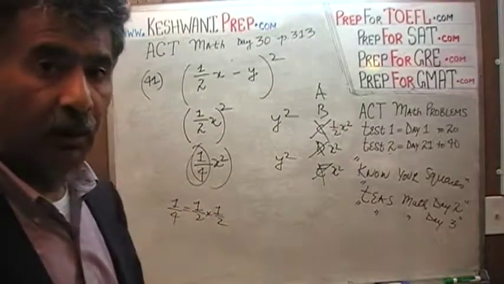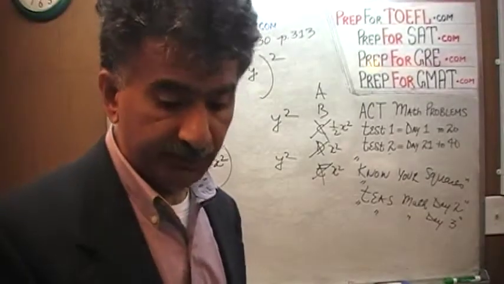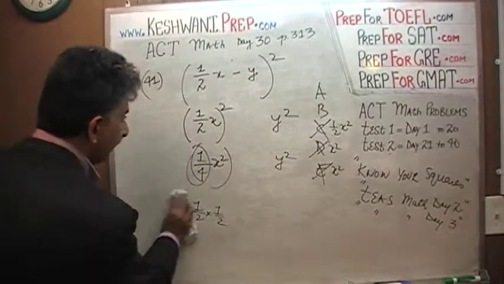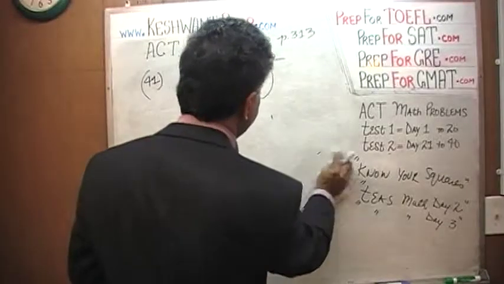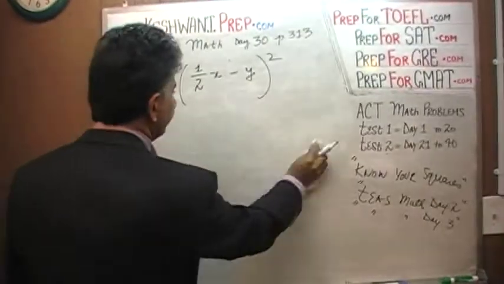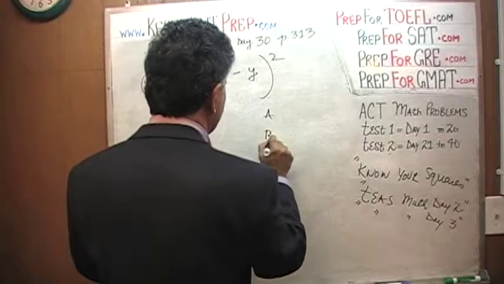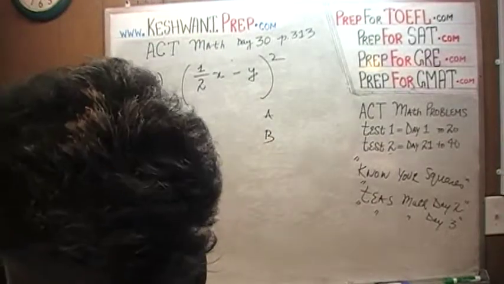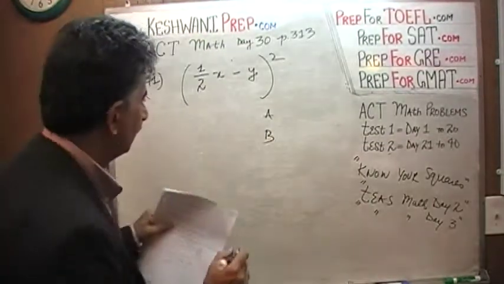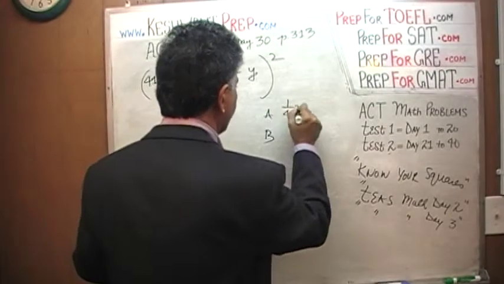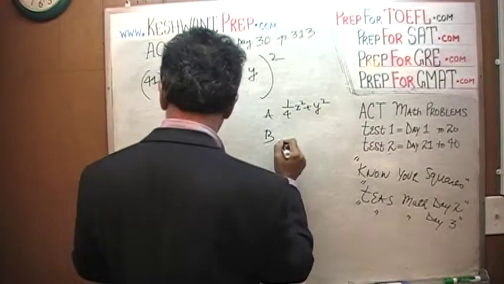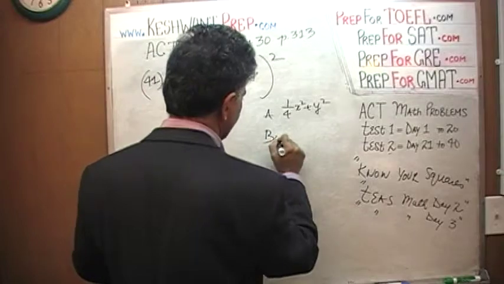Now the question is, what is the difference between answer choice A and B? A says 1/4 x squared plus y squared, and of course B says whatever it is.